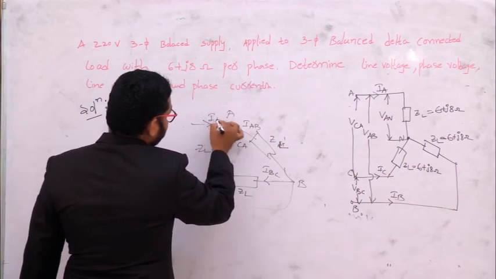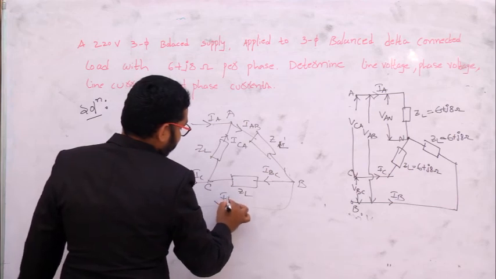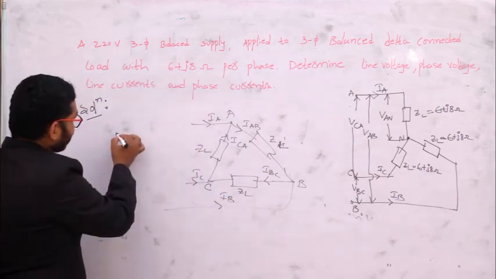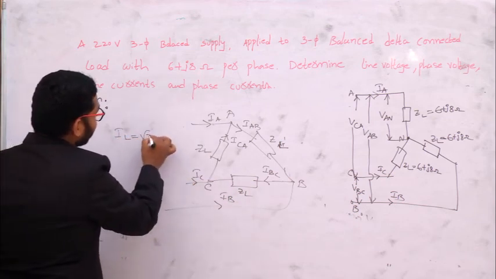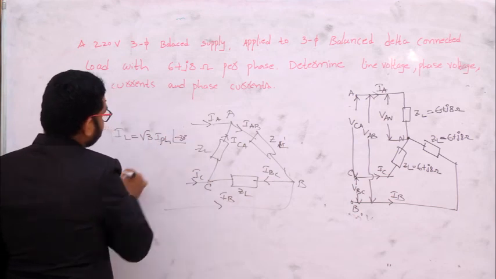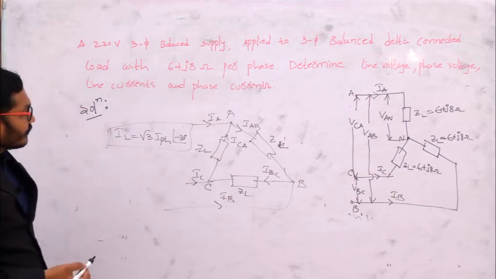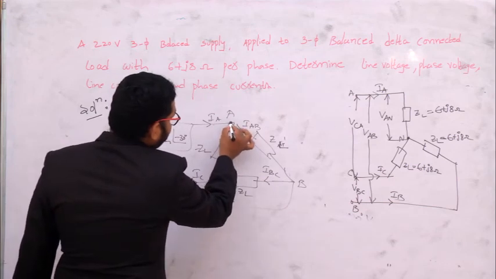Previously I told you that to find the line currents IA, IB, IC, the line current equals root 3 into I phase at an angle minus 30 degrees. Instead of this formula, you can use another method: apply KCL at each node.